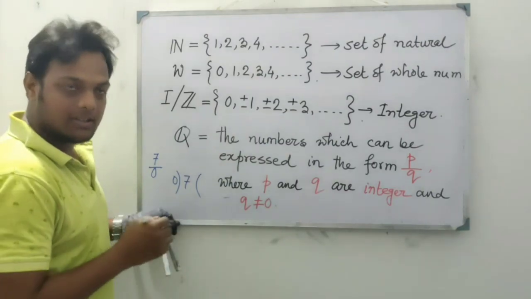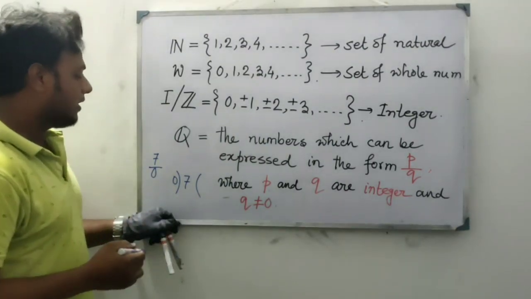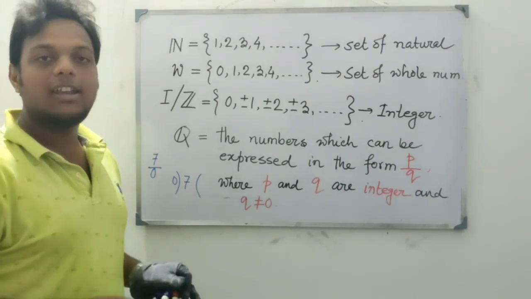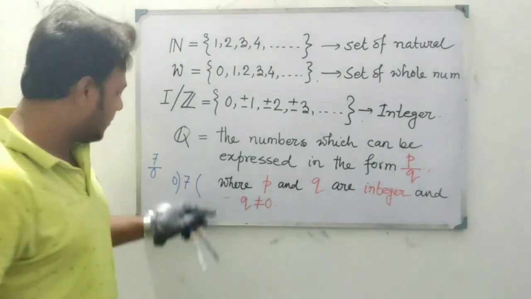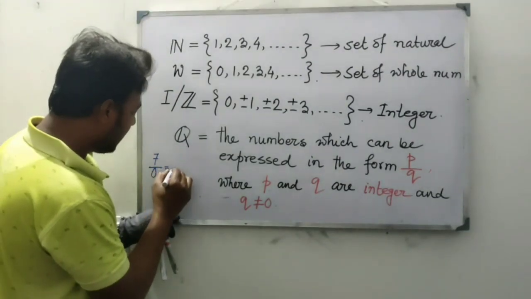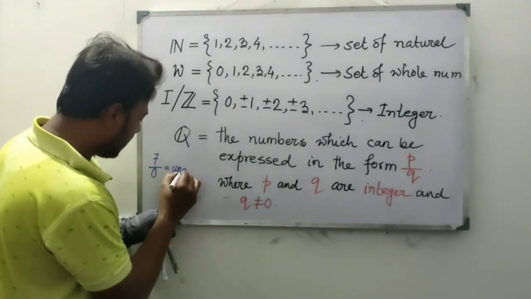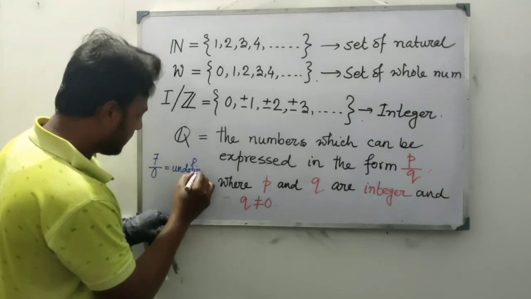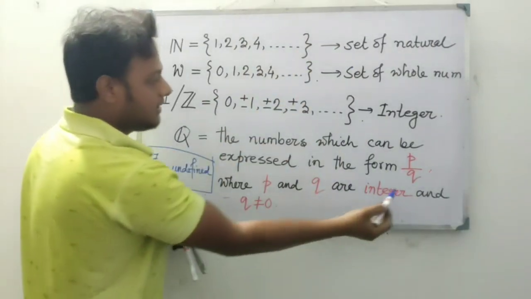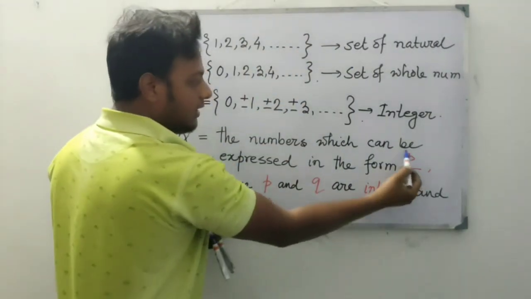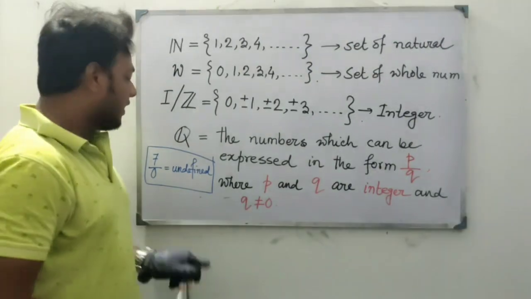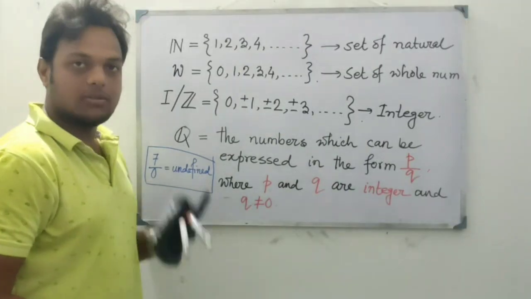No. That's why 7 by 0 is undefined, not 0. 7 by 0 is undefined in mathematics, which means it cannot be defined. So if we consider Q equals to 0, then this number will be undefined. That is why Q can't be 0.